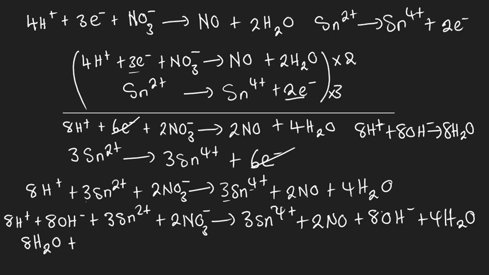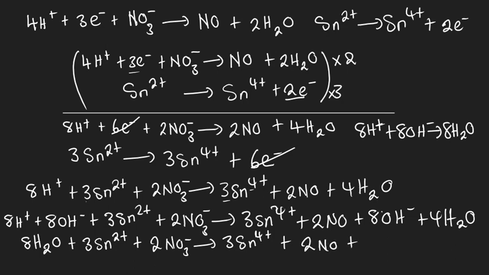So this is going to give us 8H2O plus 3 selenium 2+ plus 2 nitrates, giving 3 selenium 4+ plus 2 nitrates plus 8 hydroxide plus 4H2O.